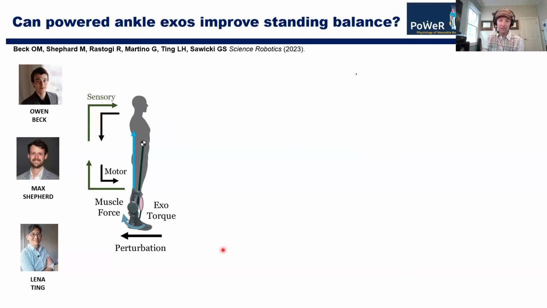Another way to say it is we evaluated balance by asking how large the perturbation would be before they needed to take a step. And we hypothesized that if we gave them an ankle exoskeleton with timing that was faster than the human's nervous system response, that they would be able to withstand a larger perturbation before they took a step.